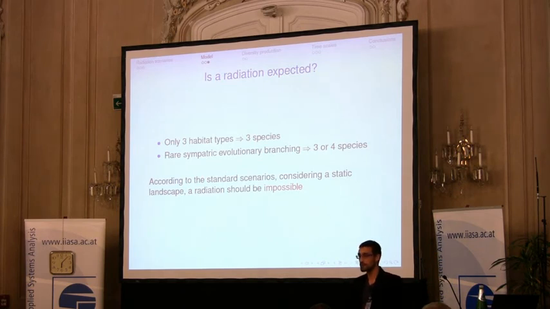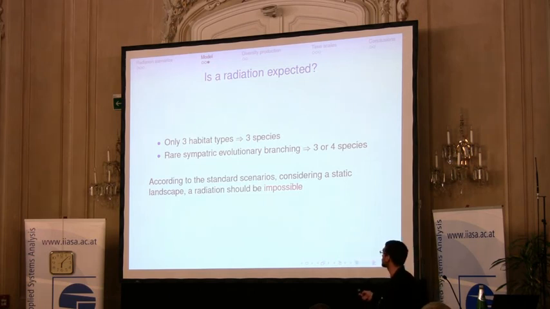The answer is no, because according to the adaptation scenario of the radiation, we have only 3 habitat types, so we should have only 3 species. Because of the genetic constraints, we measured that we can have only 3 to 4 species generated by evolutionary branching in sympatry.